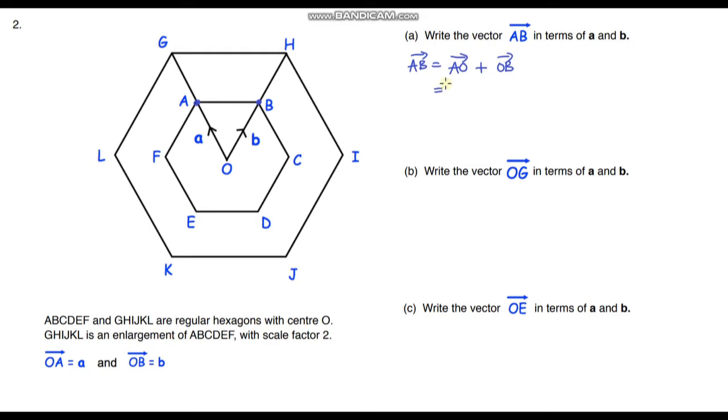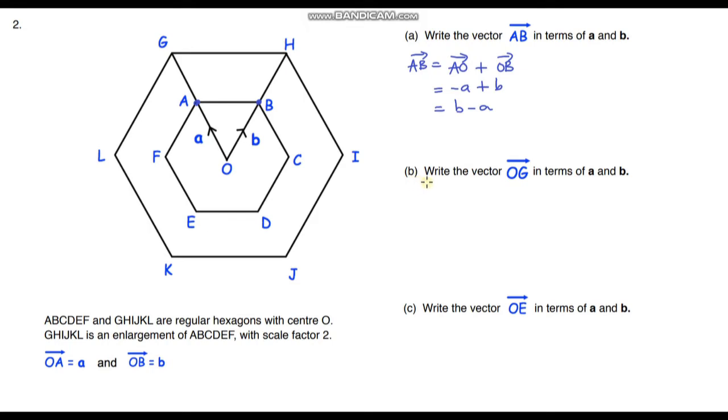Okay, so what are vectors AO and OB in terms of a and b? Well, to go from A to O, notice that's in the opposite direction to our arrow, so it will be negative a. And then from O to B, that's just plus b, which we can rewrite as b minus a. I've just switched these two terms around.